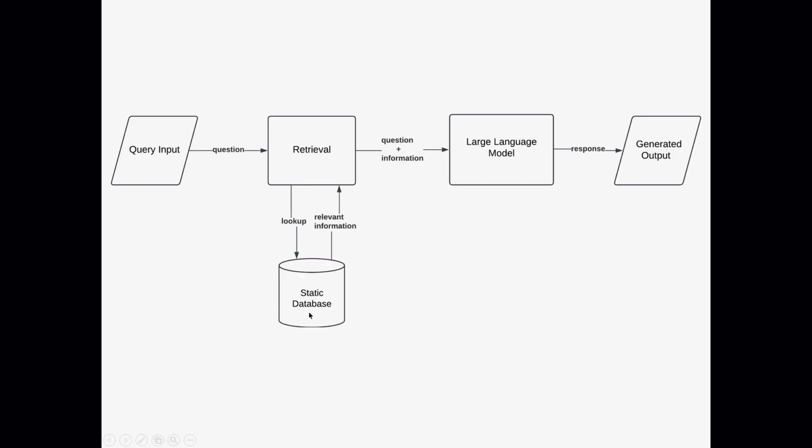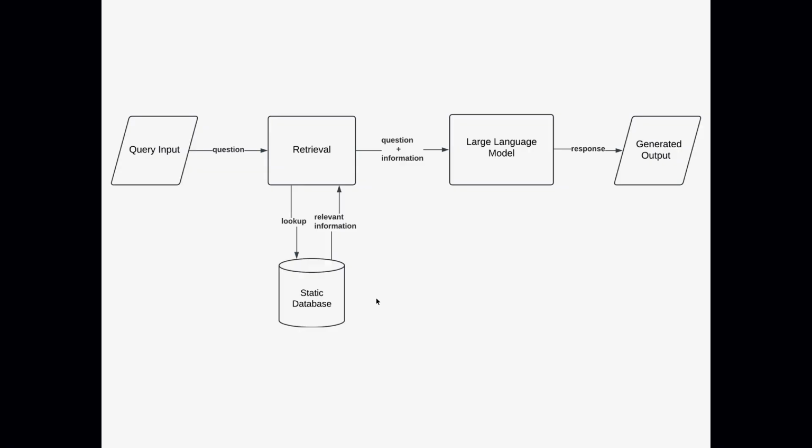In this case I'm showing a database, but it can go to the internet, it can browse information from the internet based on your query, and give that information to the large language model as context. Then the large language model knows, okay, this is the context, and based on that context it will give the correct output, right?